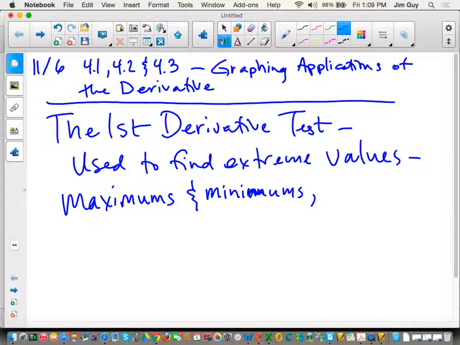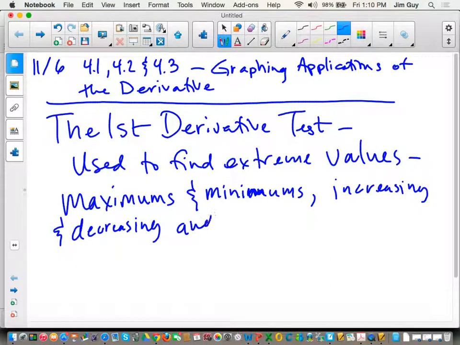So maxes and mins, we're going to be able to find first derivative like we have before. We kind of get an idea of that already. Increasing and decreasing. And we've talked about that already too. What does the word increasing mean? Slope is positive. The slope is also known as the derivative, right? So you can see how the first derivative is going to help there. If the first derivative is positive, it's increasing; if the first derivative is negative, it's decreasing.